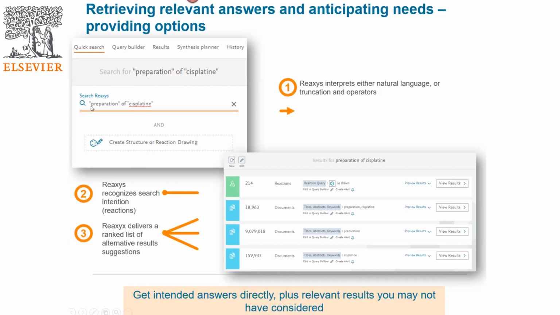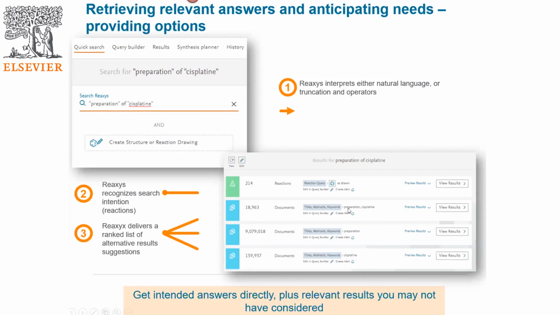So for example, if you type preparation of cisplatin, the system understands that you might be interested in the chemical reaction of cisplatin, particularly preparation, and will bring you chemical reactions. Also, it might be of interest to get access to the documents related to the preparation of cisplatin, so Reaxys will search for you in the document database. And also, as you see, there are several searches. What's the difference?